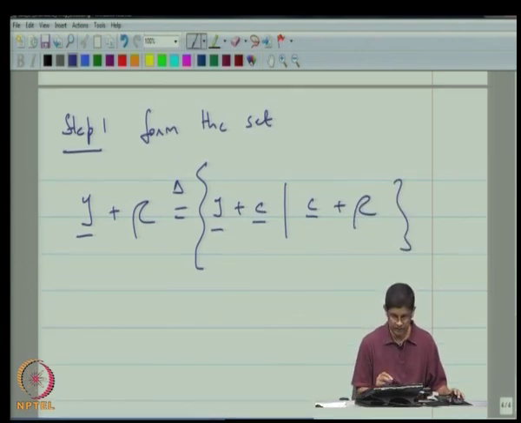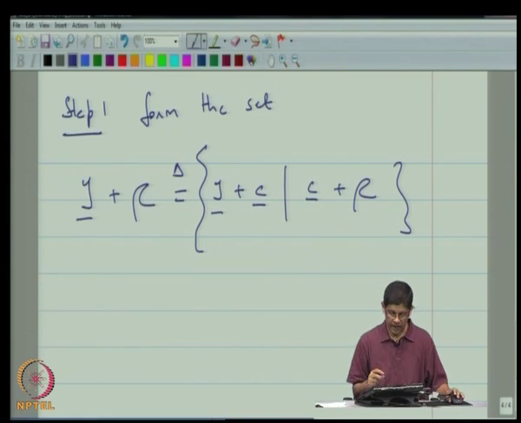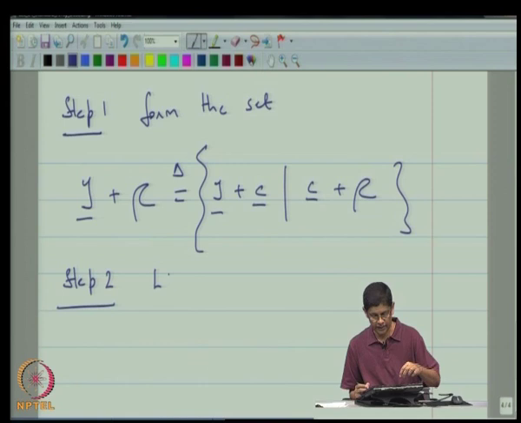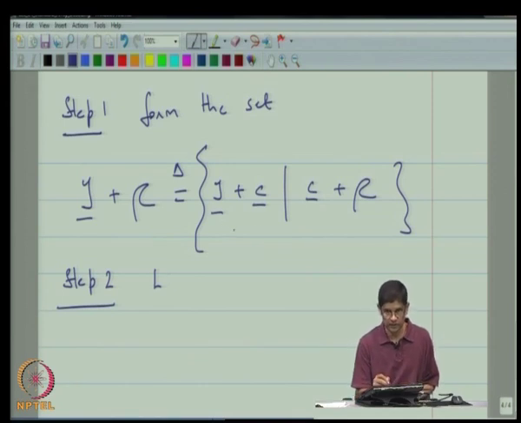So, this is actually a set, which is obtained by adding to the received vector y all possible code words. So, we form the set. Step 2, now remember I told you that you think of each of these elements as possible error patterns, as potential error patterns.